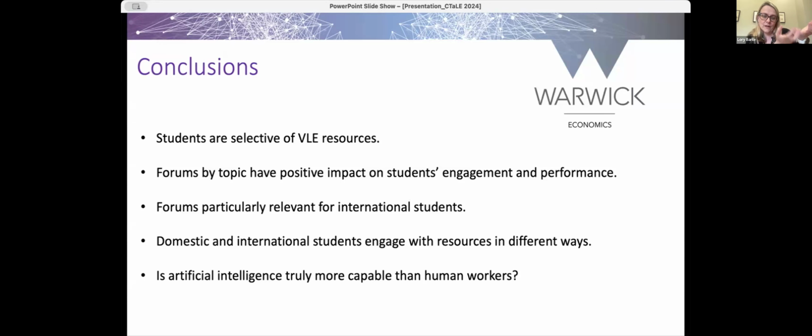What emerged from the text analysis, and the thought-provoking question that we have at the end, is: is artificial intelligence truly more capable than human workers? The fact that the social and interactive dimensions were giving a positive feeling to the students, and these are less likely to be replicable with AI, is leaving us with this final question.